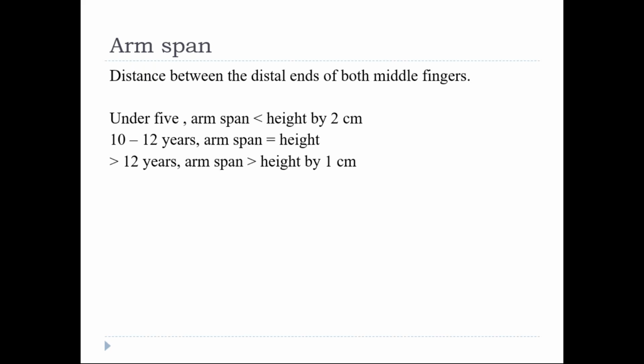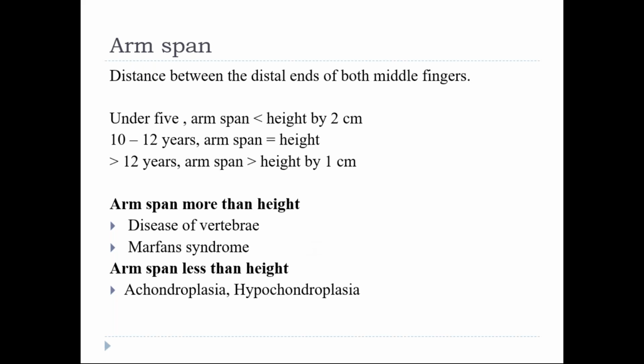If it exceeds by much more than 2 to 3 centimeters, then it is a Marfanoid type of phenotype. If it is more than height, it is a disease of the vertebra or Marfan syndrome. If it is less than height, it can be achondroplasia or hypochondroplasia.